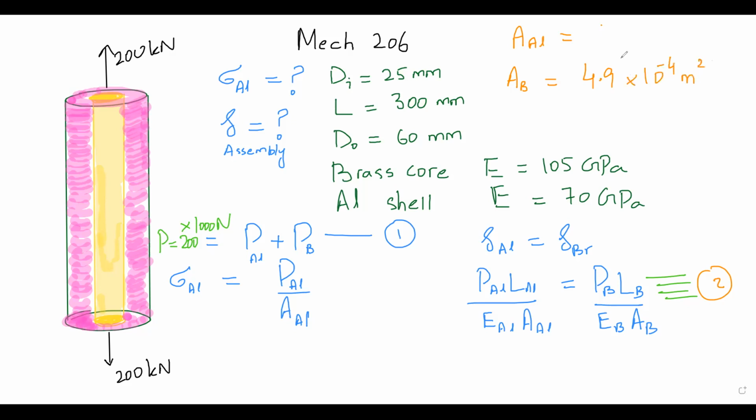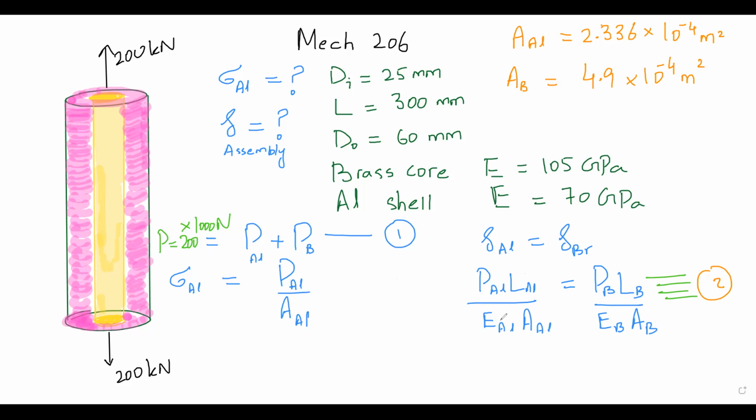Okay, an area of aluminum is 2.336. Can you please confirm? Okay, now all you have to do is finish the problem.